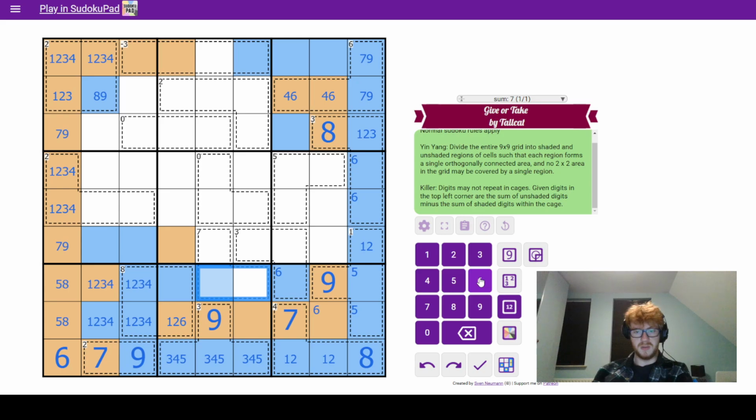Oh no, you can't use 7 in a sum. 6 and 8, 14, and that would have to be a 7. Could that be possible? 6 and 8, and that's a 7. Sure, why not? But this doesn't have to be 6 and 8. It could be 1 and 8, and that's a 7. It could be 2 and 9, and that's a 4.